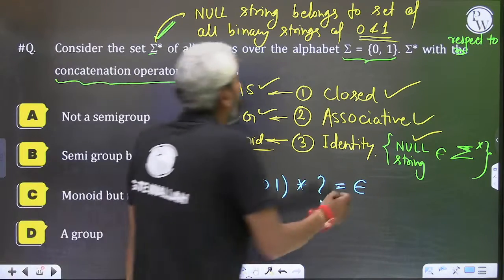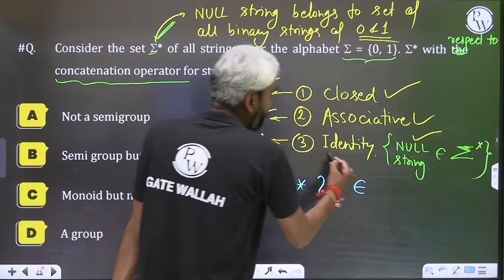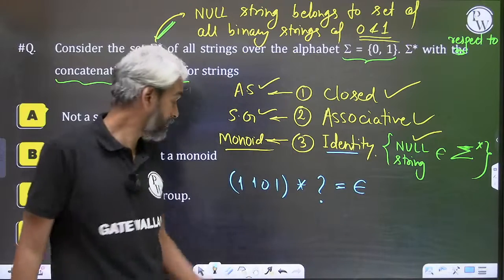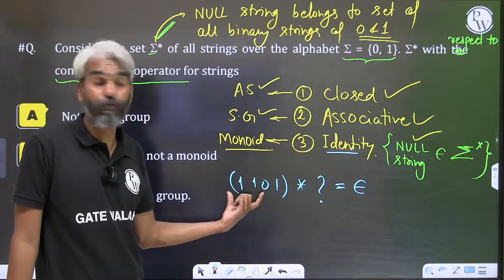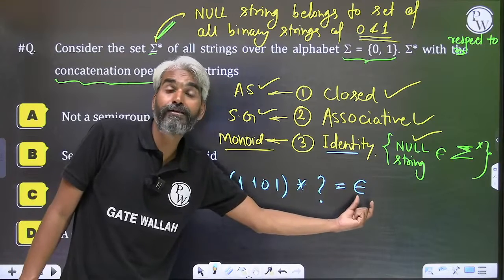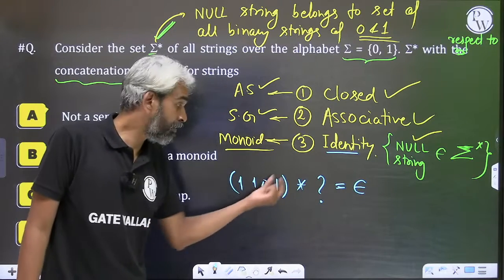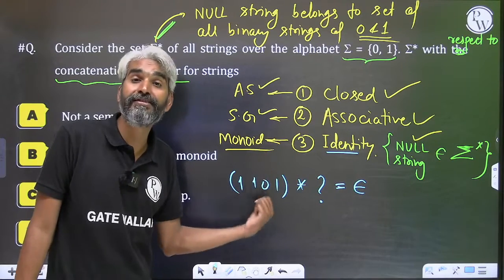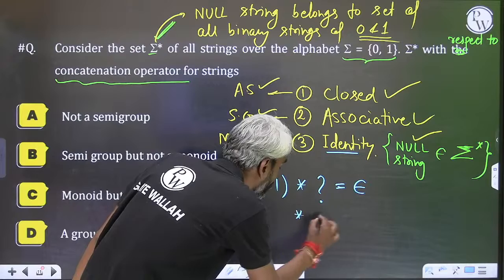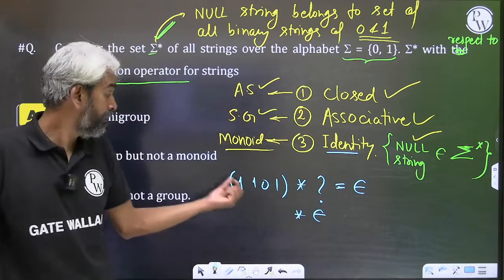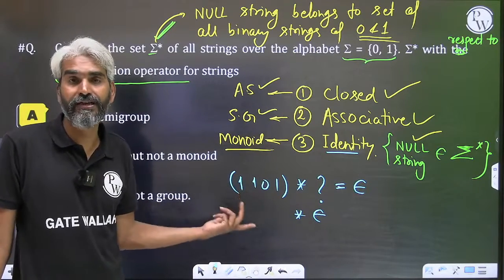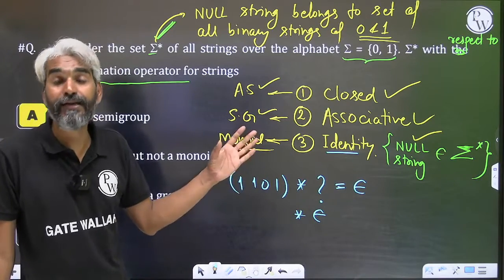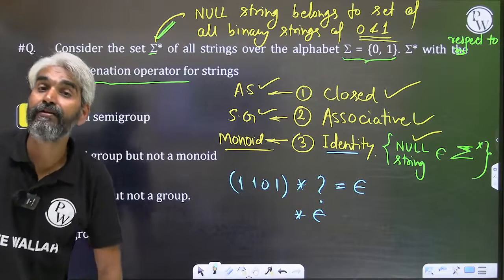The length of the null string is 0, while the string has length 4. The length will remain the same only when we concatenate with epsilon, so it can never reduce.